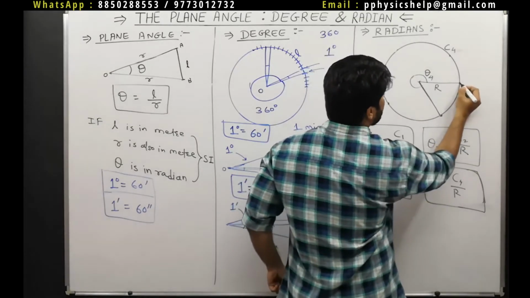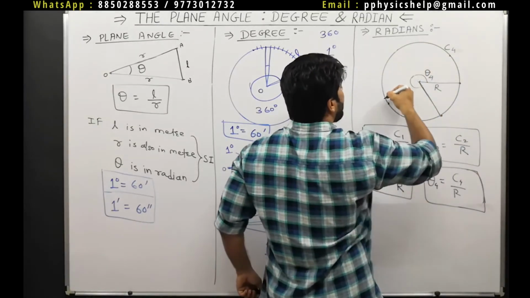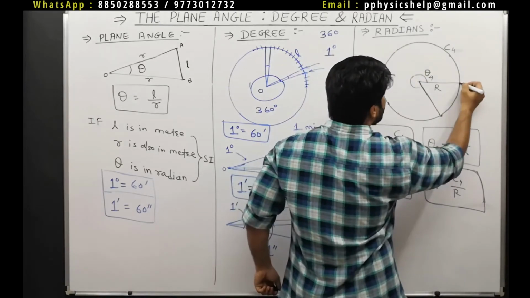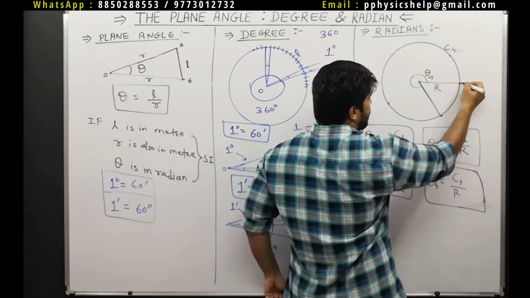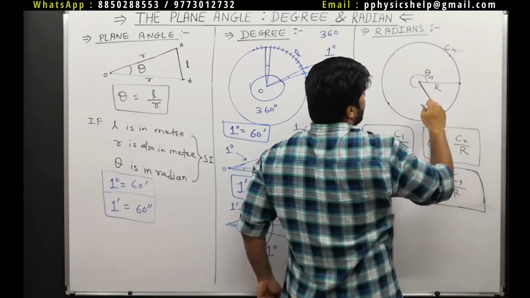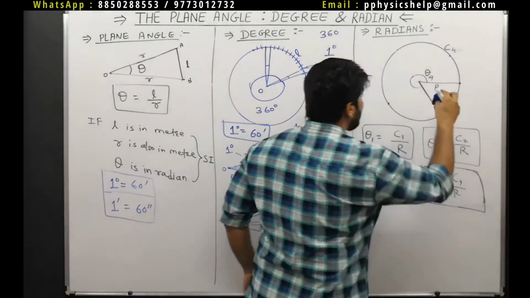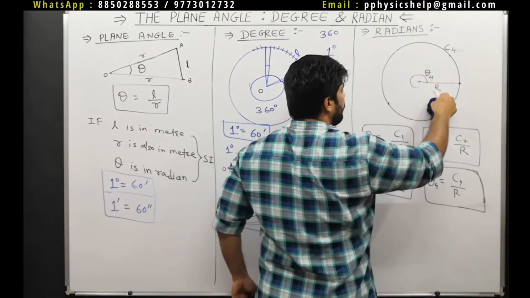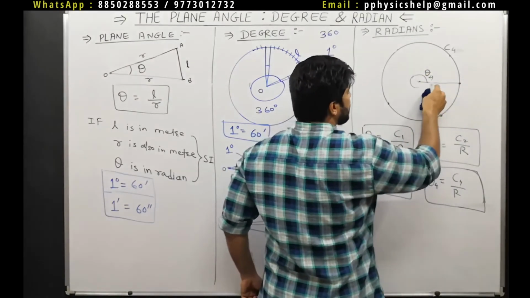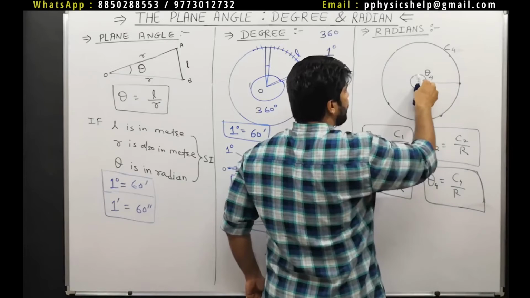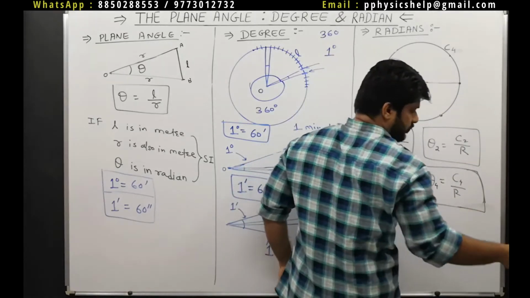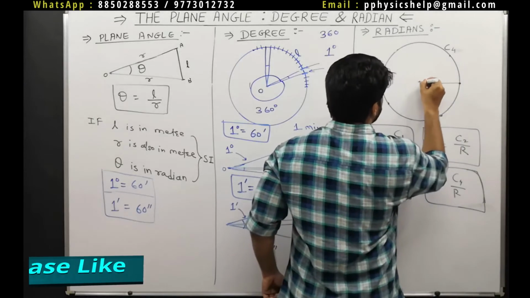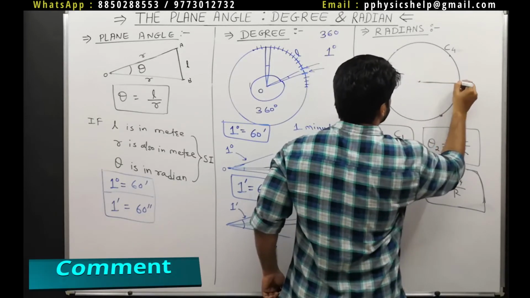That means I started from here, and now I am choosing the whole circumference as the whole arc. So the arc length is nothing but the circumference itself. Let's see what happens in such a case.